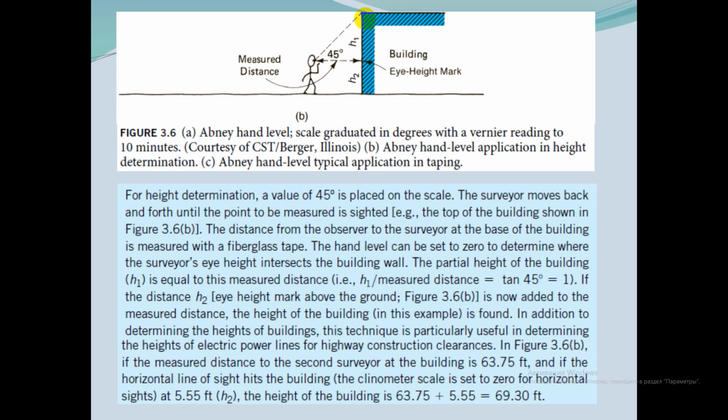The measured distance to the building is 63.75 feet, and the horizontal line of sight hits the building at height h second equals 5.55 feet.